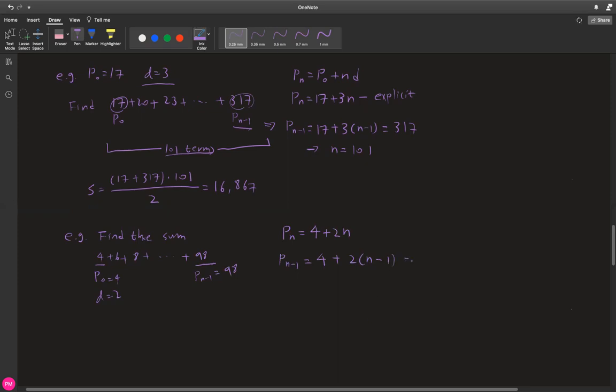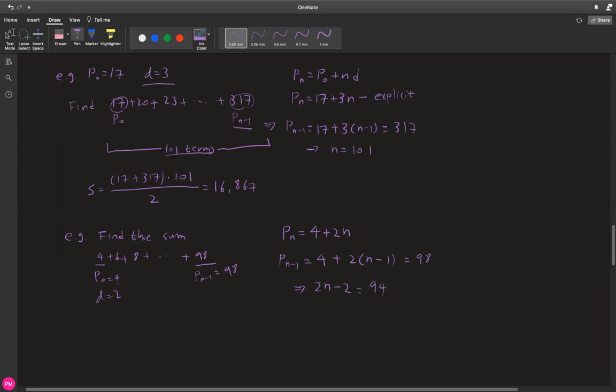And that is 98, because we know that p sub n minus 1 is 98. Then, by subtracting 4 on both sides, we get 2(n minus 1) equals 94.